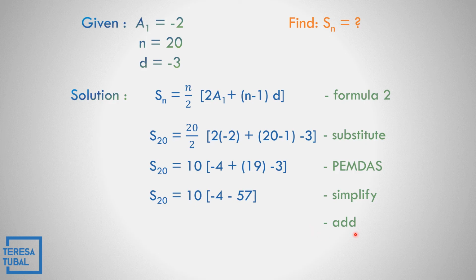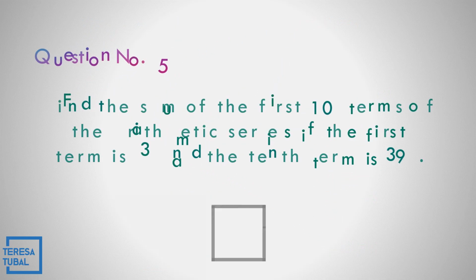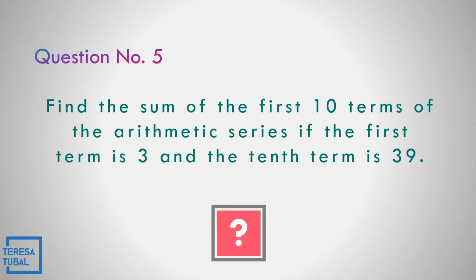Next, add inside the parentheses: -4 minus 57, we have the same sign so we add, giving 10 times -61. Then multiply. So the sum is equal to -610. So the sum of the first 20 terms of the arithmetic series is equal to -610.